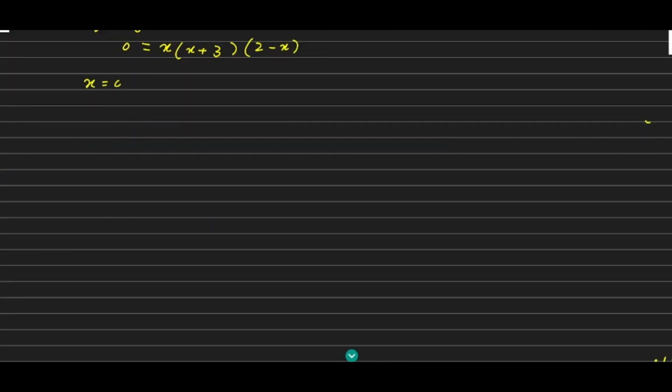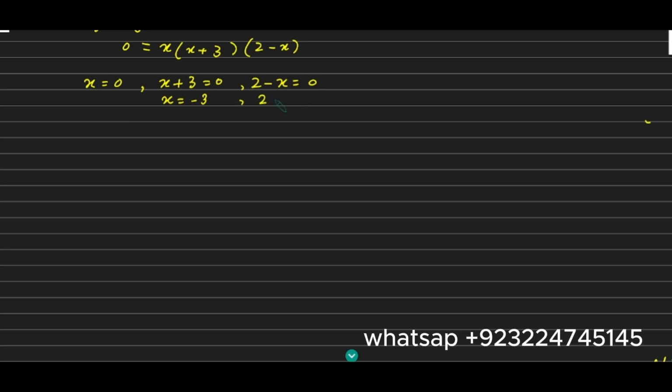At first, x equal to 0. Also x plus 3 equal to 0 and 2 minus x equal to 0. From here, we find the value of x equal to 0, and the second one is x equal to minus 3. And the third one, if we put minus x to the right side, we will get positive x equal to 2. These are the three values of x which we were asked to find in part A.